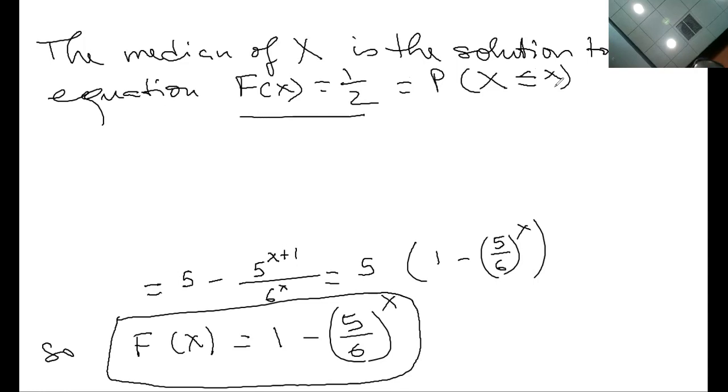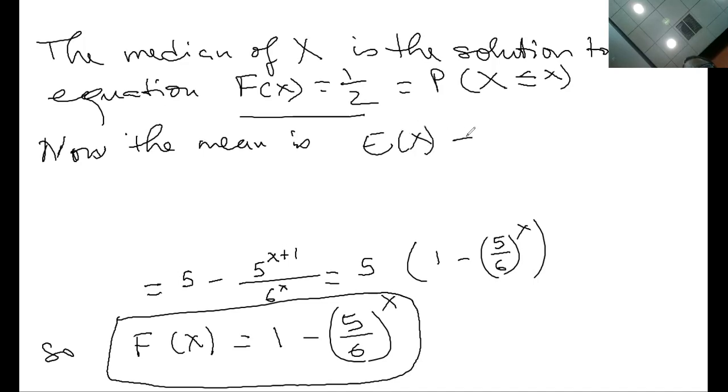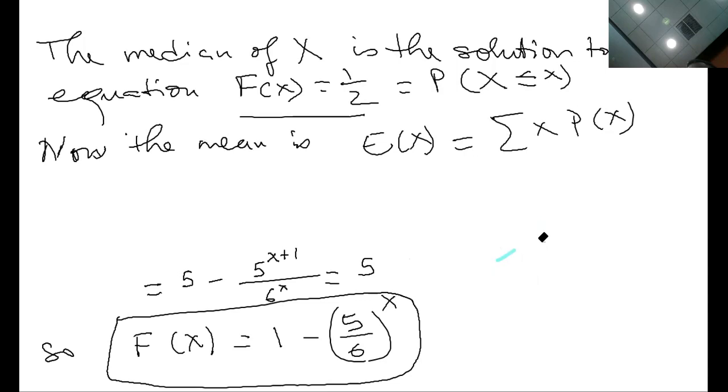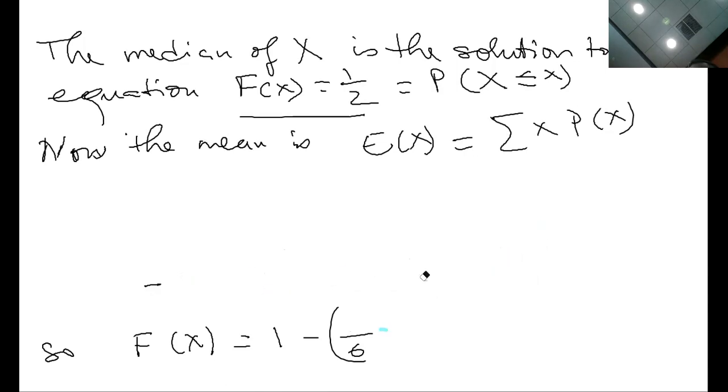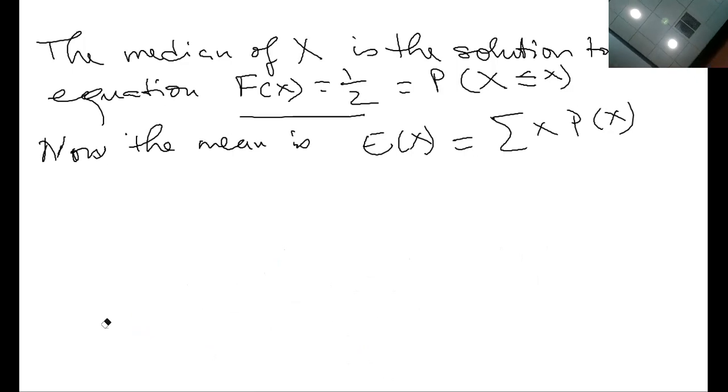Now let's find a mean. The mean is E of x, equal to the sum of x times P of x. Look at what this will become.